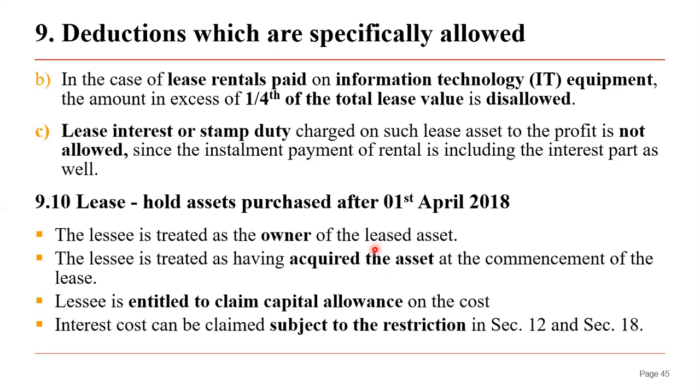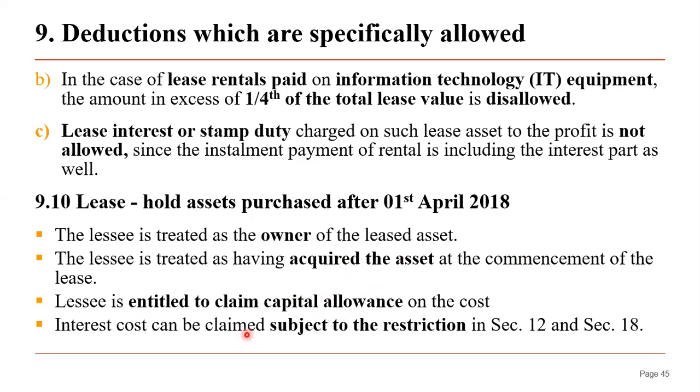Now from 1st April 2018 onward, they are not allowed to claim capital allowance on lease assets, only the company, not the finance company or the bank. The company, the lessee, can claim capital allowances on lease assets based on these two: ownership, and being treated as having acquired the asset at the commencement of the lease. Then they can claim capital allowances.